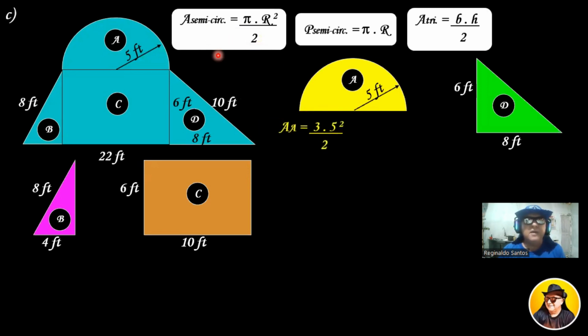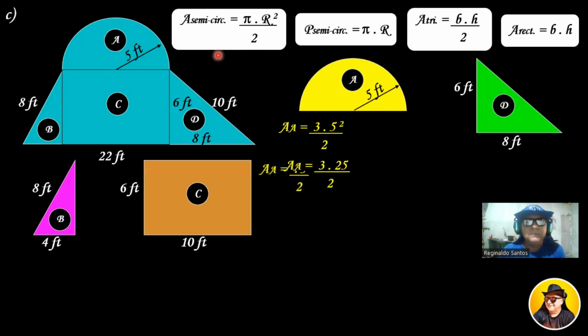And the area of the rectangle is b times h. Okay, so let's find the area of shape A. 3 times 5 squared divided by 2. All right, so the area of A is 3 times 25 divided by 2. Well, 3 times 25 is 75, divided by 2 is going to be 37.5 feet squared.